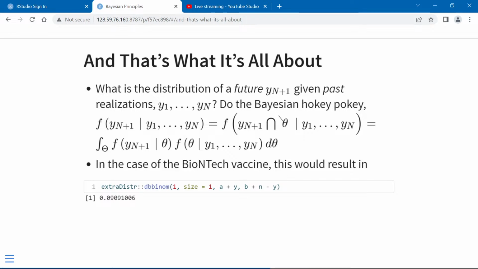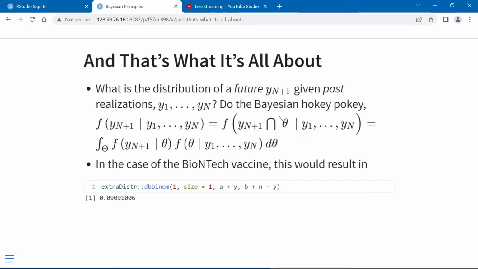And to obtain that, Bayesians do what I refer to as the hokey pokey. No one else calls it that. However, we obtain this distribution of the future given the past by putting theta in and integrating it out.